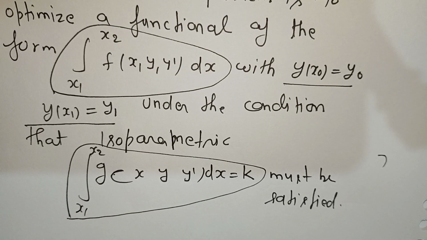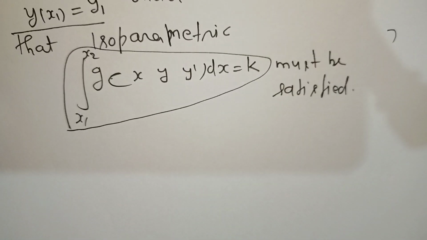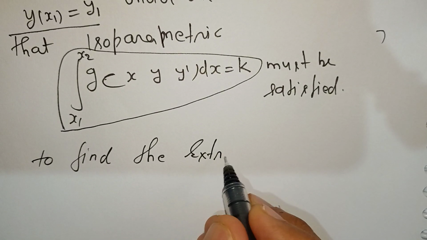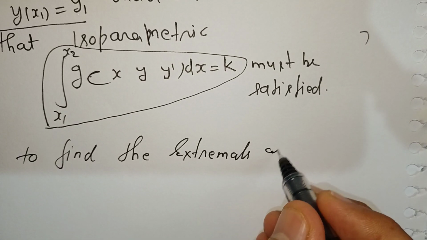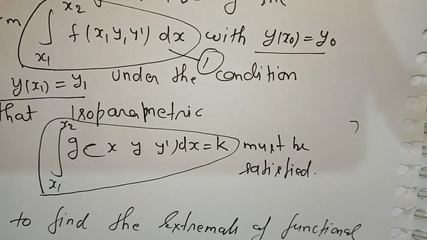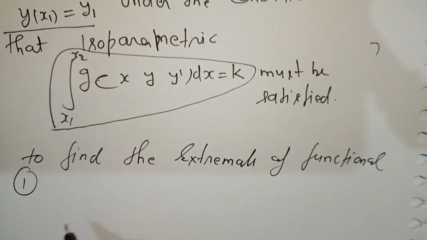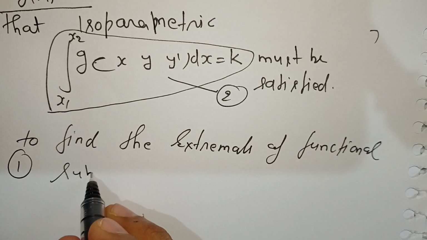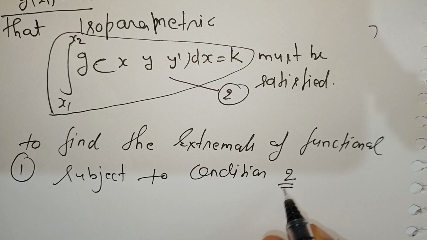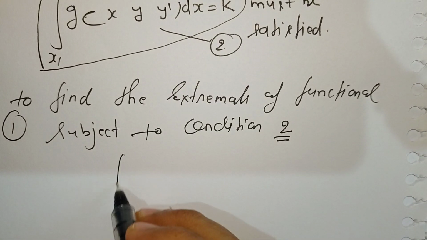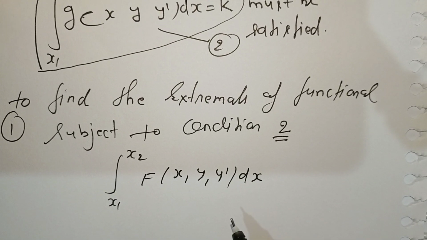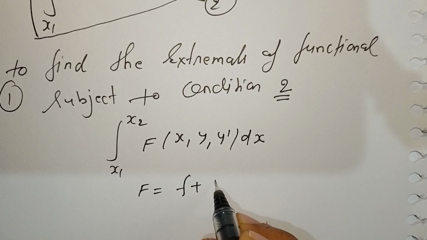Okay, so what we do to find the extrema of the functional one, if this is the functional one subject to condition 2, if this is the equation 2, we need to find the extrema of this functional problem capital F(x, y, y') dx, where capital F equal to f plus lambda g.